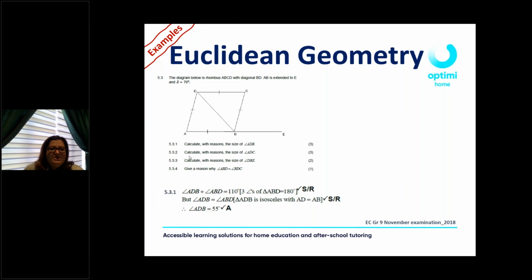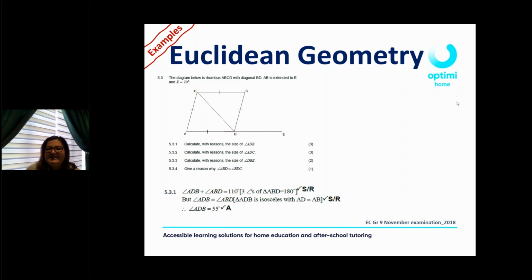So 5.3.2, calculate with reasons the size of angle ADC. Just thinking about a rhombus again, I know that my diagonals actually halve my angles, my vertices over there.